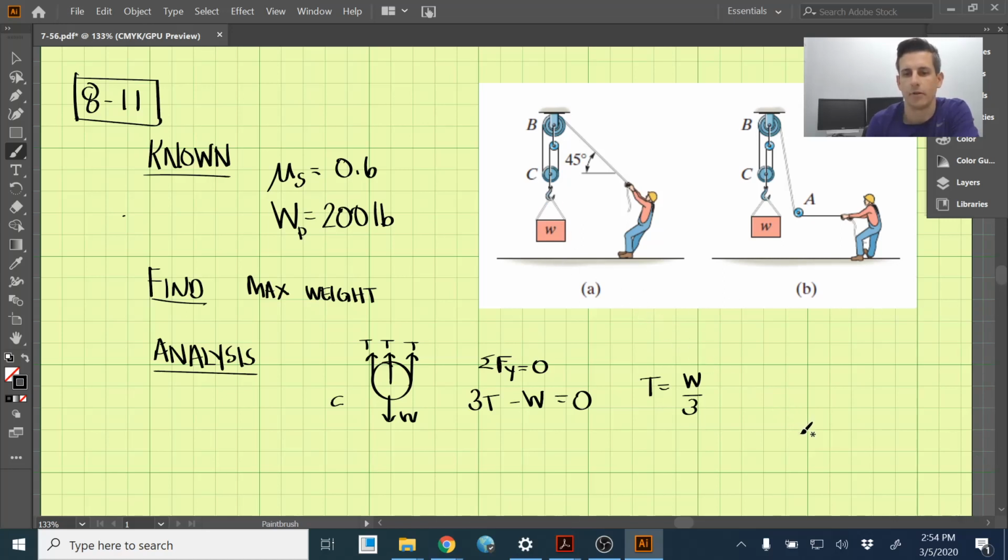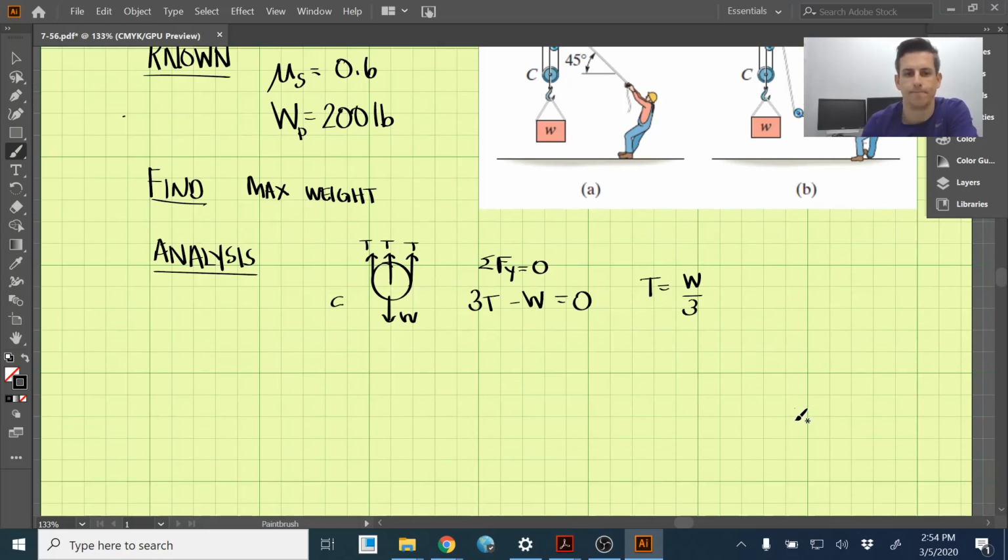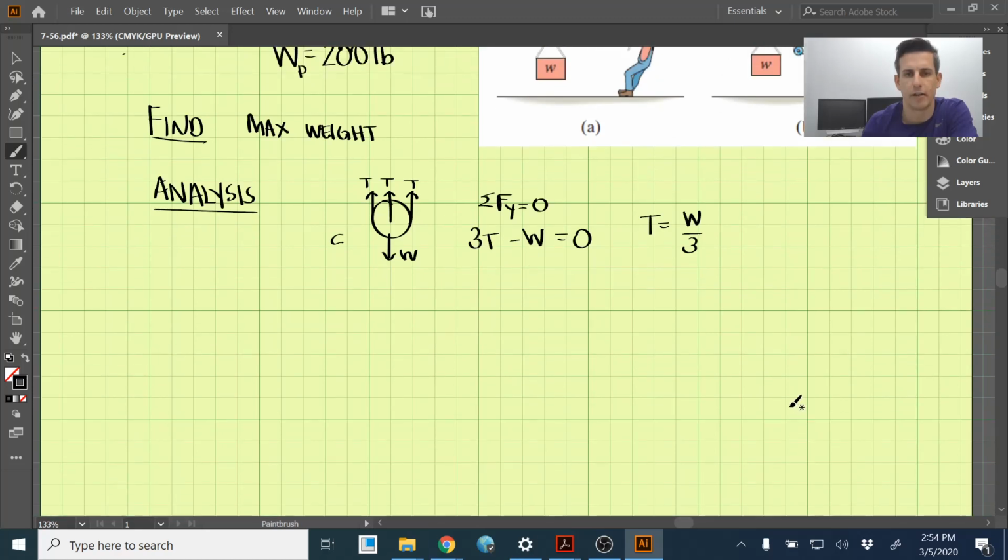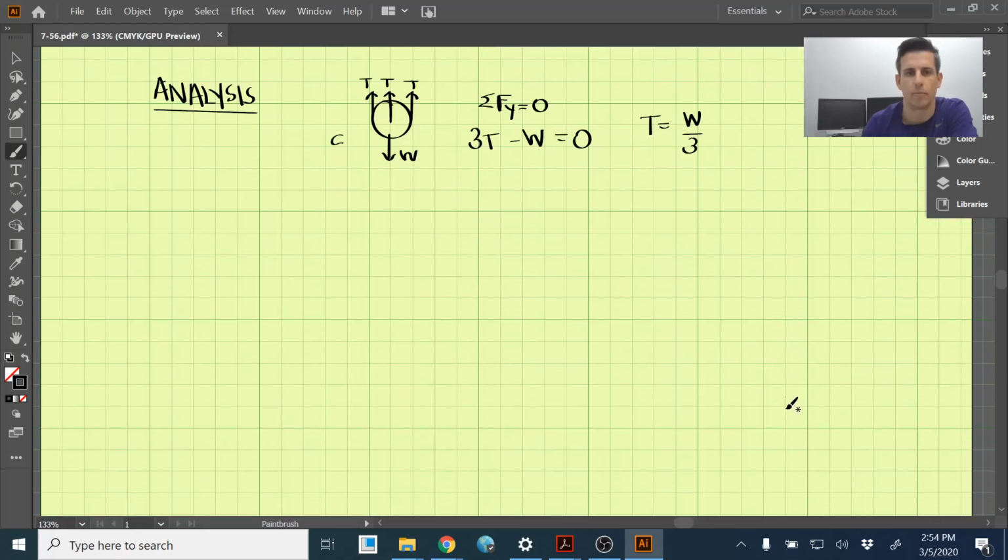All right, so let's move down here, and we'll first start analyzing the situation where they're pulling at a 45-degree angle. And I get to show off some of my great drawing skills. Hopefully this turns out all right. I have this person, and they're pulling on the cable here.